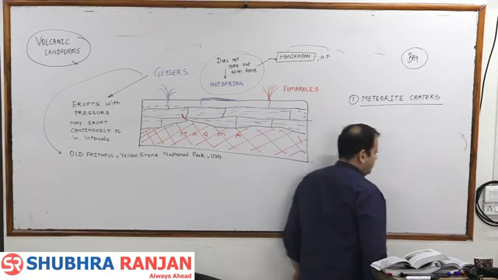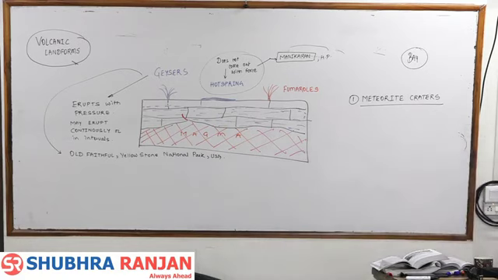Examples of the pseudo-volcanic features are meteorite craters.